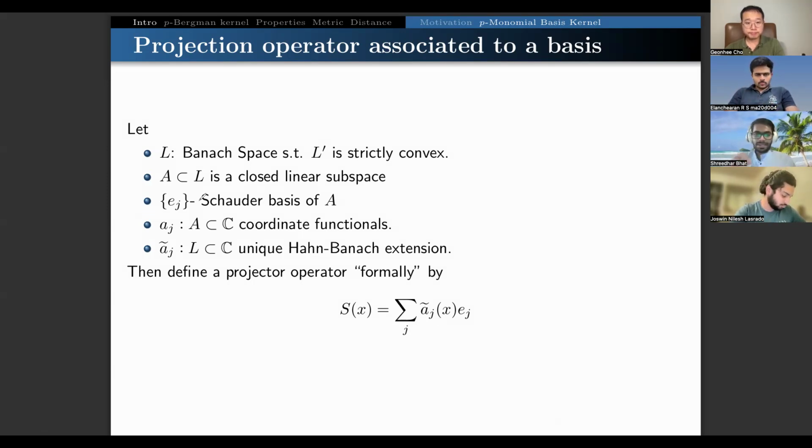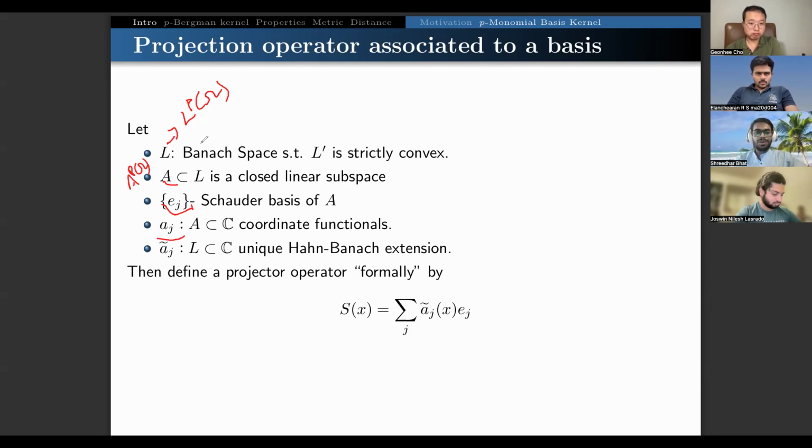Now, the idea is this: L is LP of omega, A is AP of omega, and omega is Reinhardt. So EJ will be those EJs that I talked about earlier, the monomials, and it will have a corresponding coordinate functional.